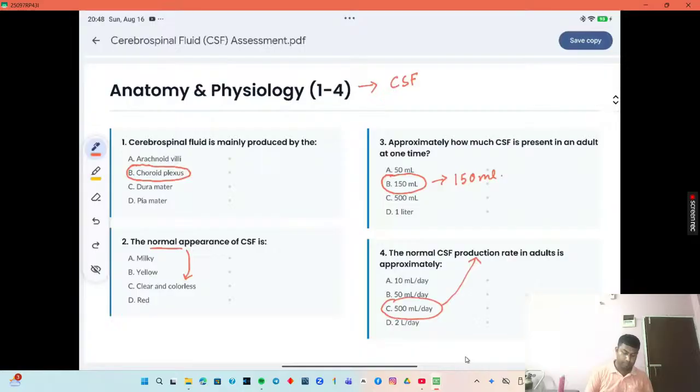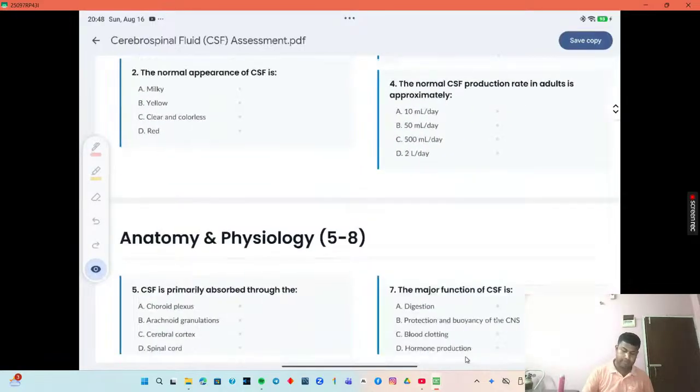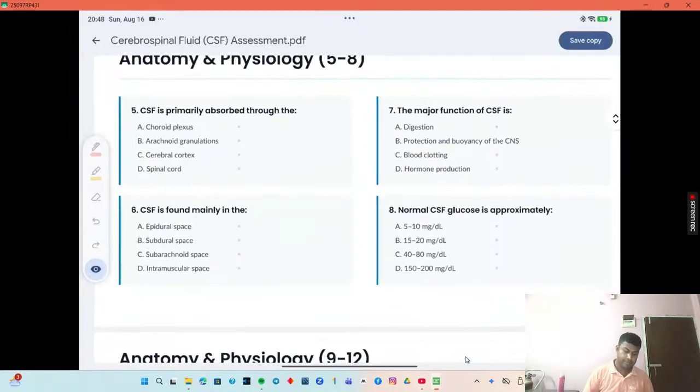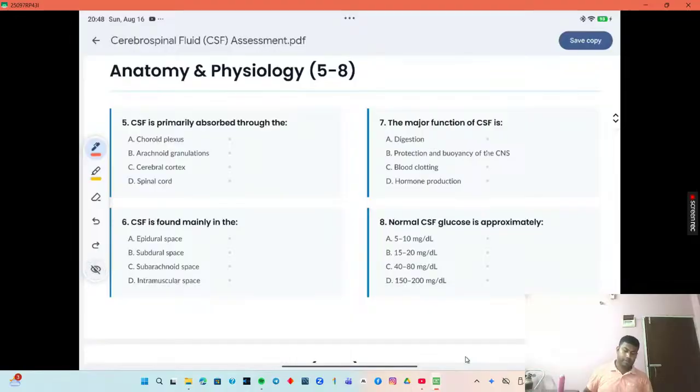Now I will move to the next page. Question number 5. Cerebrospinal fluid, that is CSF, is primarily absorbed through. What will be the right answer of this question?